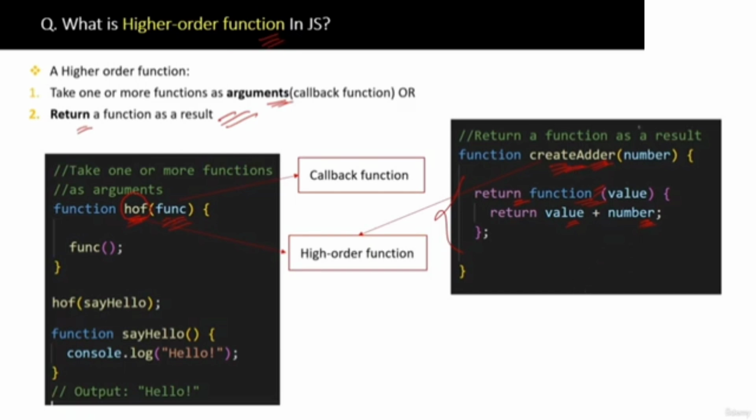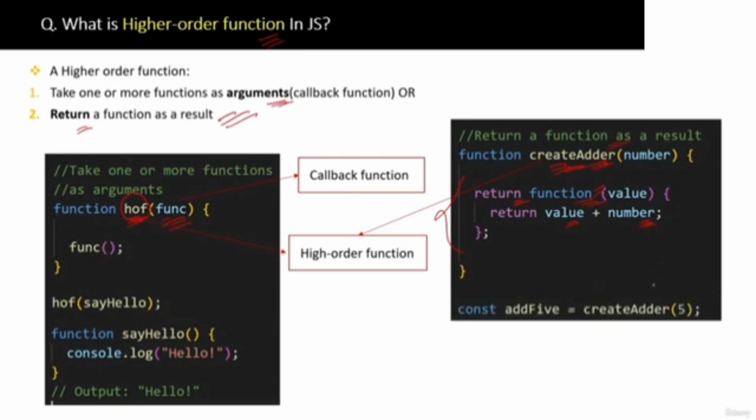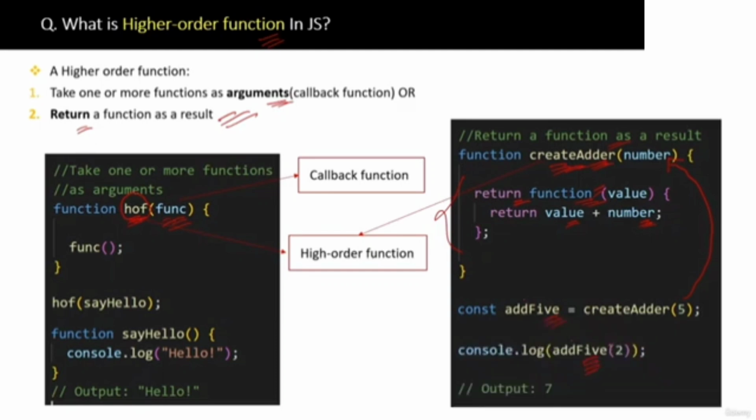Now the question is how you will use this createAdder higher order function. Using it is a two-step process. The first step is to pass the parameter 5 in the createAdder method and get the result function in the add5 variable. Then use this add5 variable as a function and pass 2 as the parameter. We are using a function expression here, getting the result of the function in the variable and returning it.